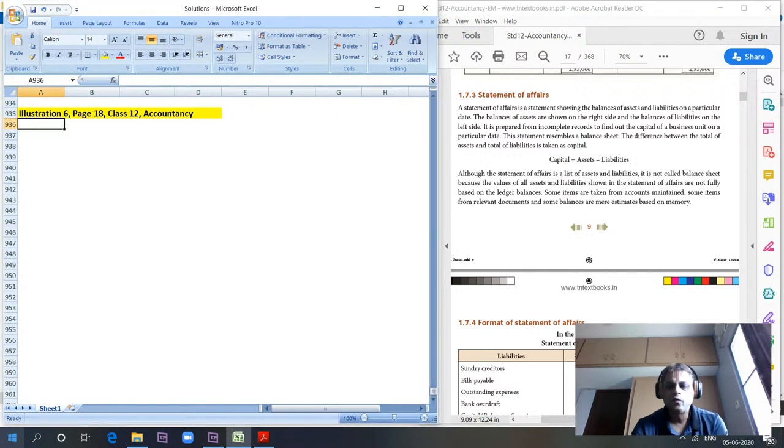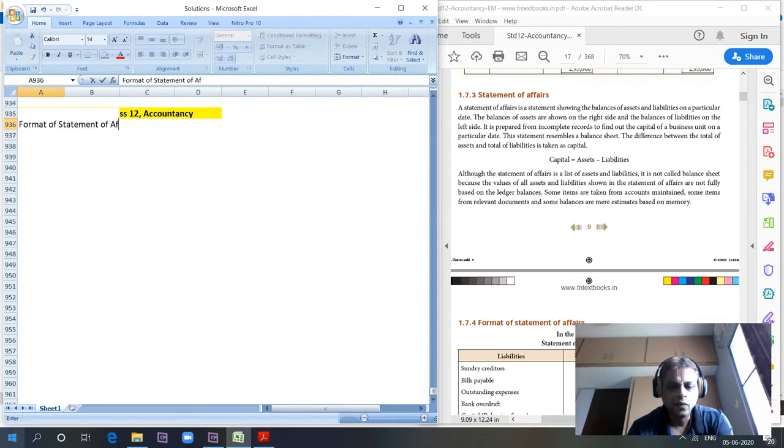A statement of affairs format looks pretty simple, something like a balance sheet. This is probably one of the easiest forms of accounting, however not a robust one, because it does not capture all the requisites for a proper accounting system.